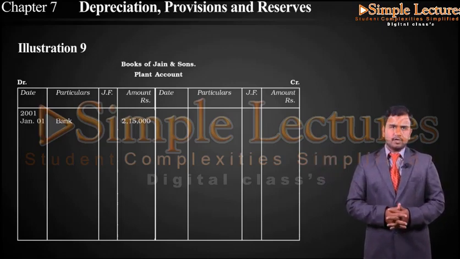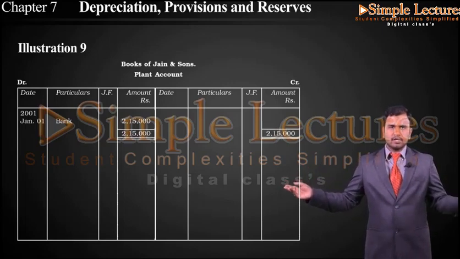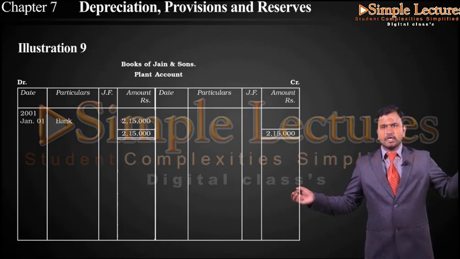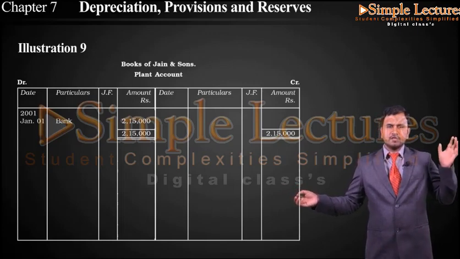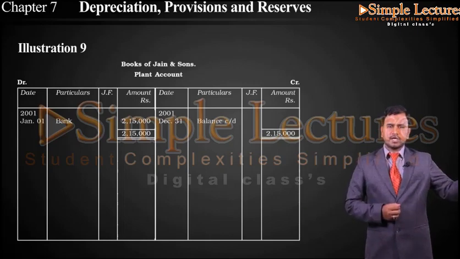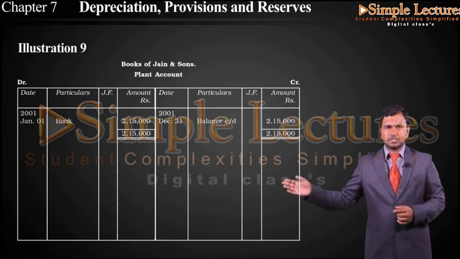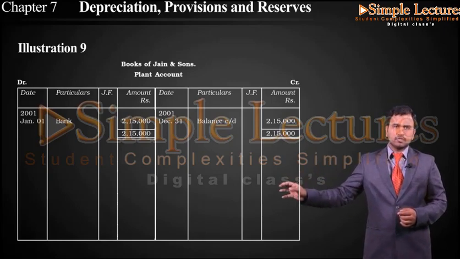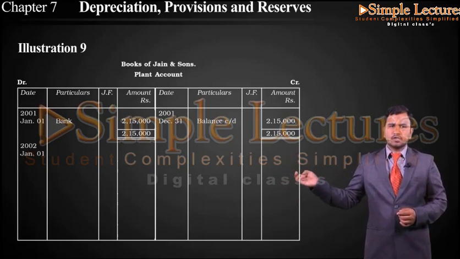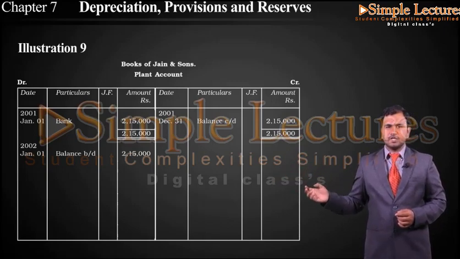The same will be considered for the next year, where we are going to consider the total of debit side 2,15,000, same in the credit side 2,15,000, and the balance on the closing date 31st December 2001, balance carried down 2,15,000, and the same will be considered for the next year in the debit side after the total, 1st Jan 2002, balance brought down 2,15,000.